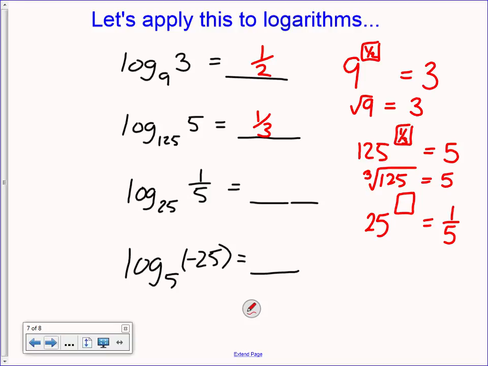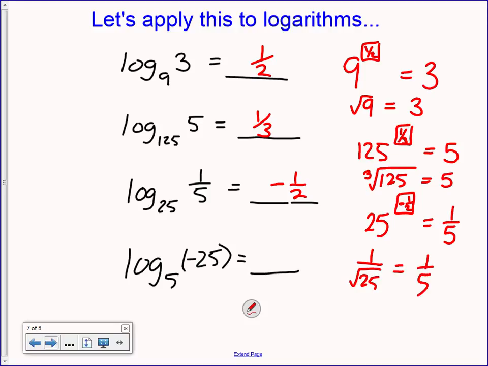So we know we're looking for a negative exponent, okay? And our base is 25, but then we want it to equal 5. So we're also looking for a root, and it would be square root. So basically we're looking for negative 1/2, okay? Because 25 to the negative 1/2 would become 1 over the square root of 25, which would equal 1/5.